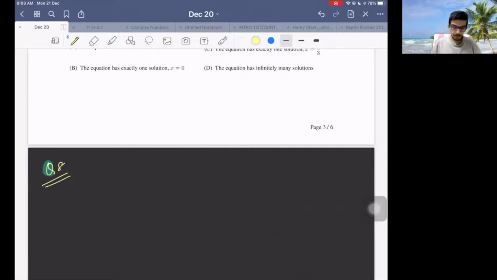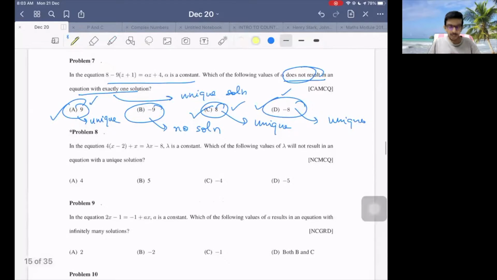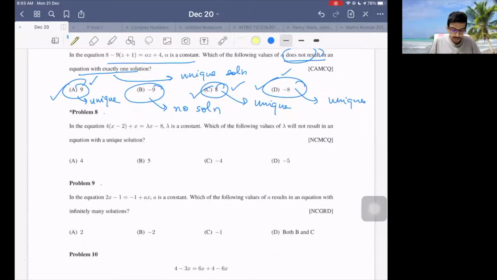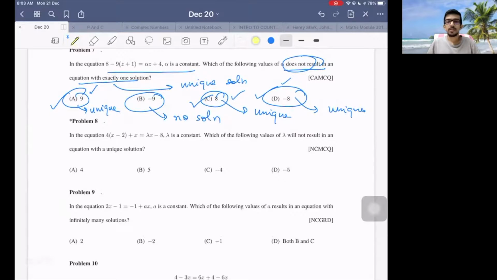Question number 8. In the equation 4 times x minus 2 plus x is equal to lambda x minus 8, lambda is a constant. Which of the following values of lambda will not result in an equation with a unique solution? So you understand the question?